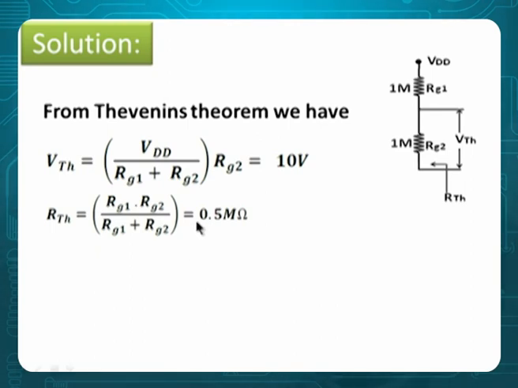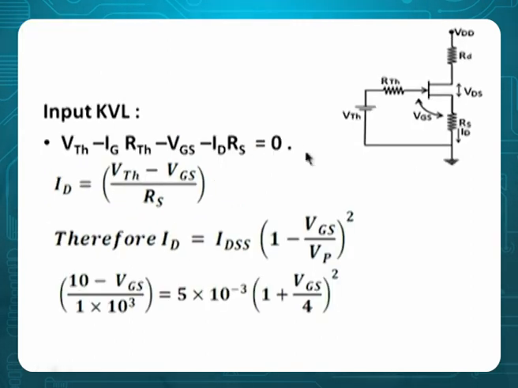Having got the Thevenin's, you have to replace this. V Thevenin, R Thevenin minus VGS minus ID RS is your input equation. And as you know, gate current is 0. You are left with only ID. This is gone. ID is V Thevenin minus VGS by RS.